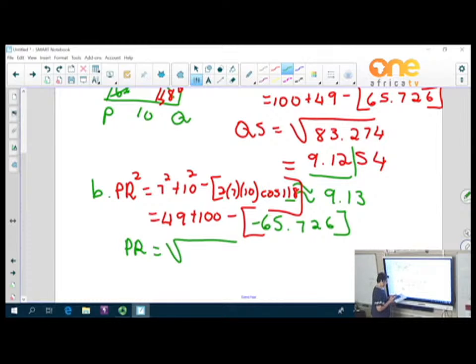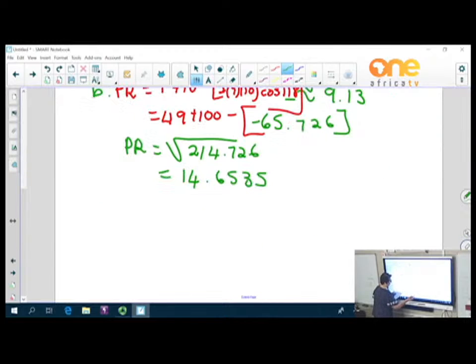So it's 49 plus 100 plus, a negative times a negative is a positive, 65.726 is equal to 214.726, and getting the root of the answer is 14.6535, and to 3 significant figures, if we round it off there, it will round off to 14.7 centimeters for that one.